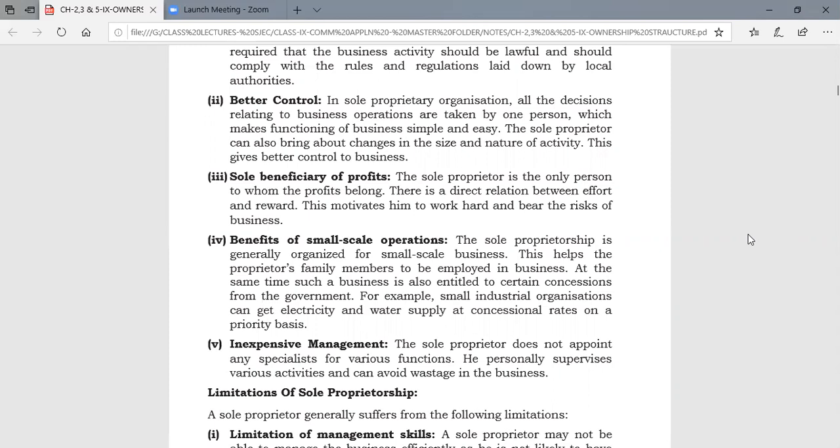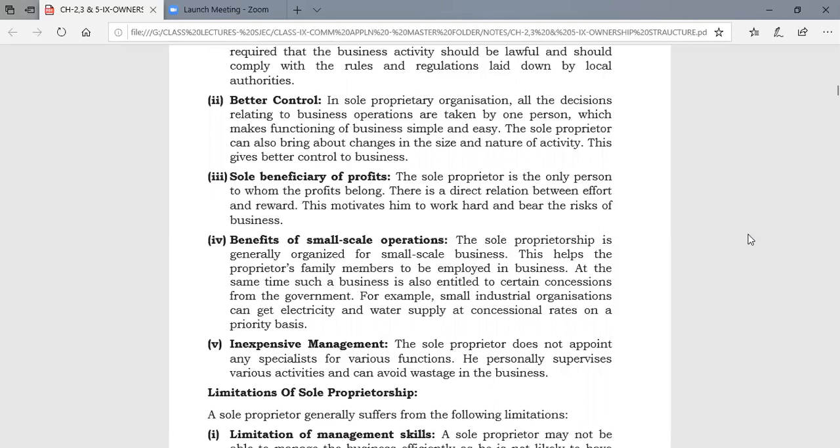He is the owner. He is the only person. He is going to bear the losses and the liability, and definitely the profits are also going to be enjoyed by the owner himself. He is not going to share with anyone else since he is the only person owning the business.